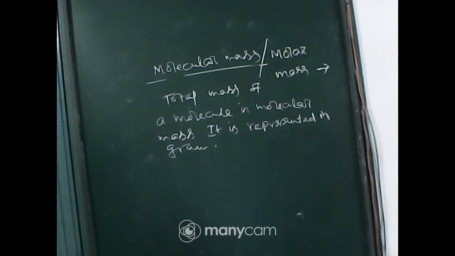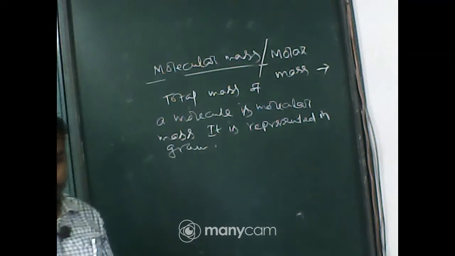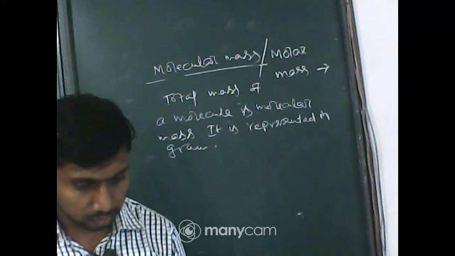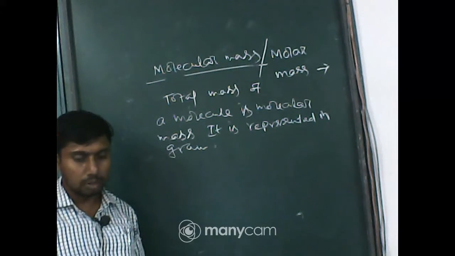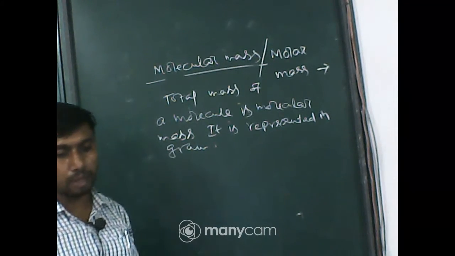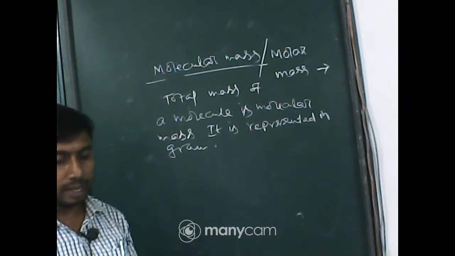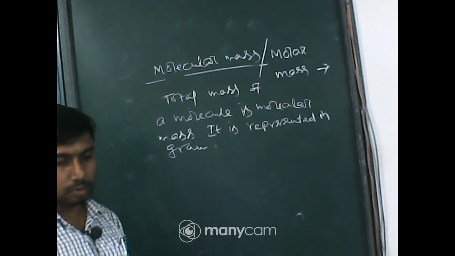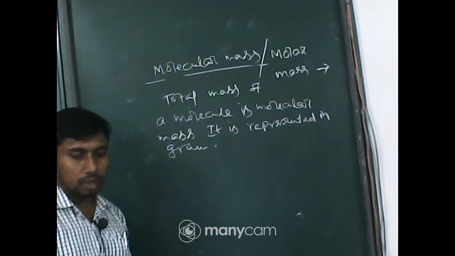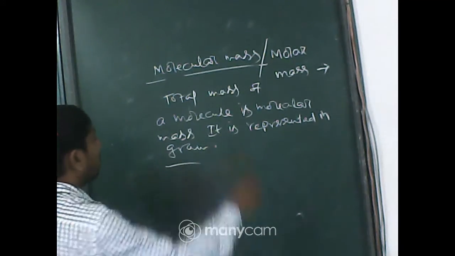So total mass of a molecule is molecular mass. It is represented in gram. Yes, atomic weight and atomic mass are the same here. Okay. So this is the molecular mass.